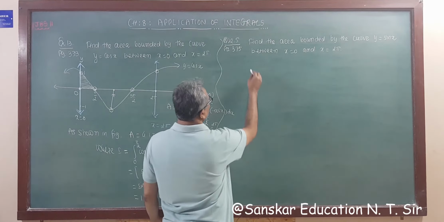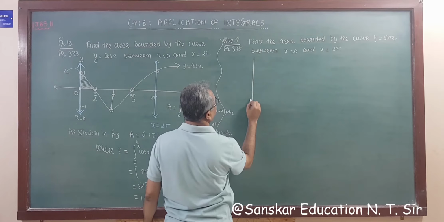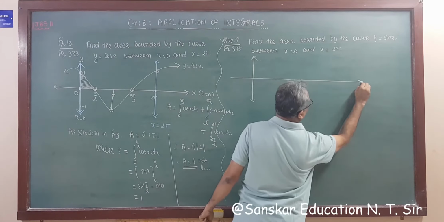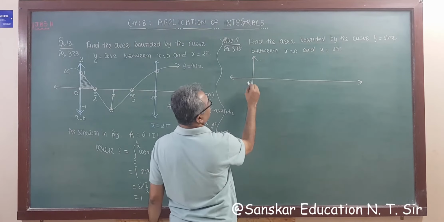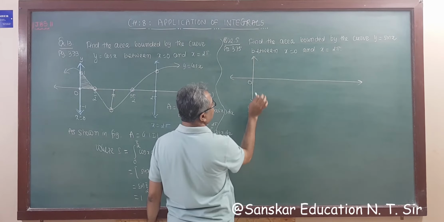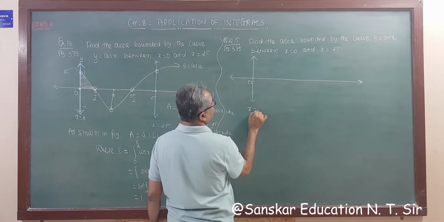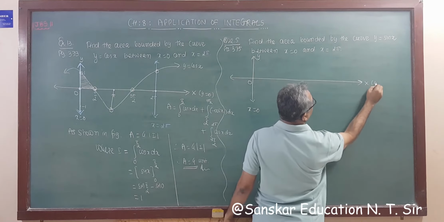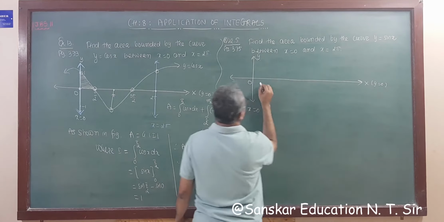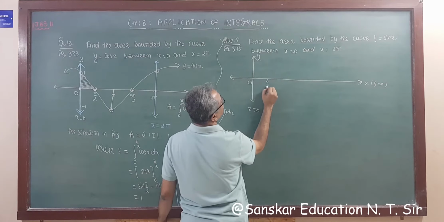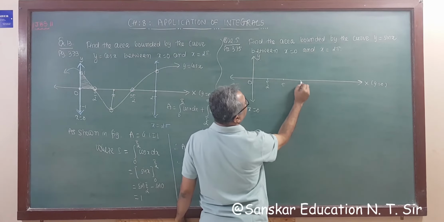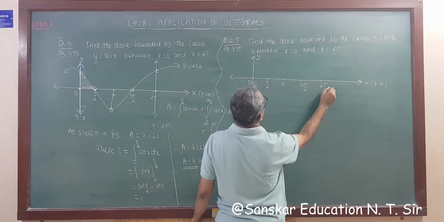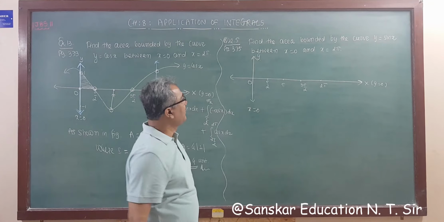So first we draw a graph of sine. This is origin, this is y axis, that is x is equal to 0. This is x axis, that is y is equal to 0. Now this is pi by 2, this is pi, this is 3 pi by 2, and this is 2 pi, right?